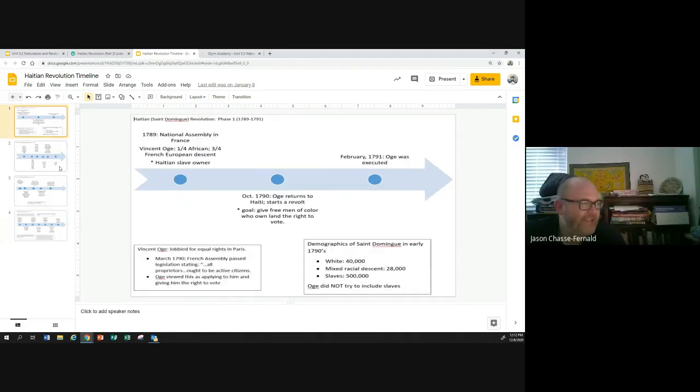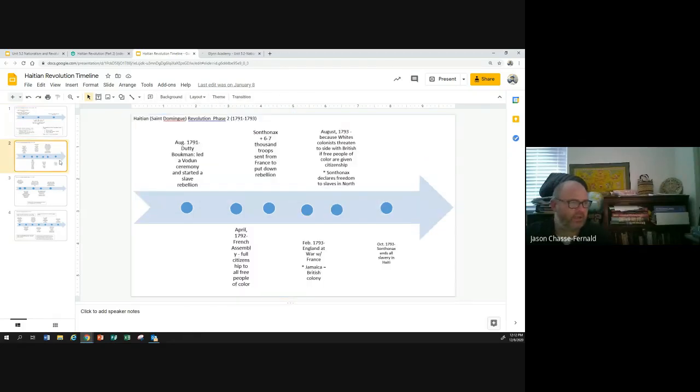One other little thing about this timeline that always kind of bothers me: when you look at Vincent Oge, what was he actually fighting for? He's fighting to give men of color who own land the right to vote, and he gets executed for that in February of 1791. So then the question becomes, how long does it take before what he was actually fighting for is granted?